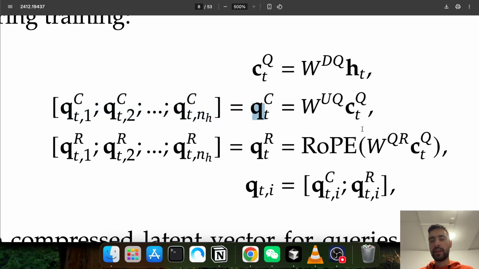And we also want to have positional encodings for each of these heads. So we will take the same latent vector and multiply it with this WQR, which stands for RoPE, I'm pretty sure.